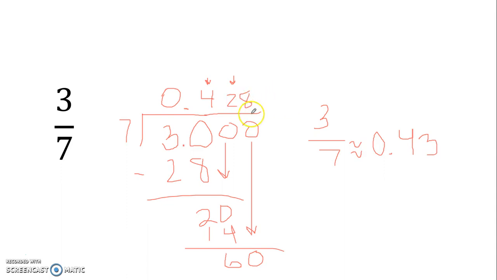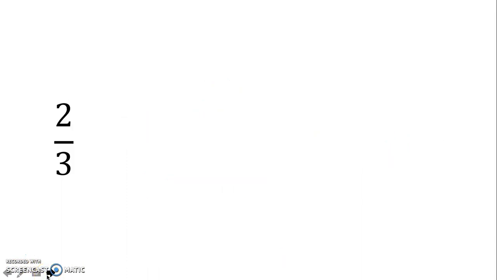We could have kept going. I might ask you to round to the 1,000th place. If that's the case, then we would need to find one more digit and then round from there. All right, so we can do it with repeating decimals as well. Okay, and I'm sorry, that 3/7 was a non-repeating decimal, okay?